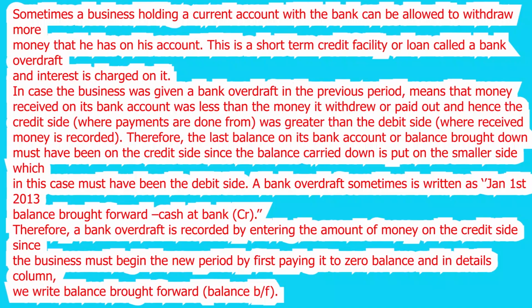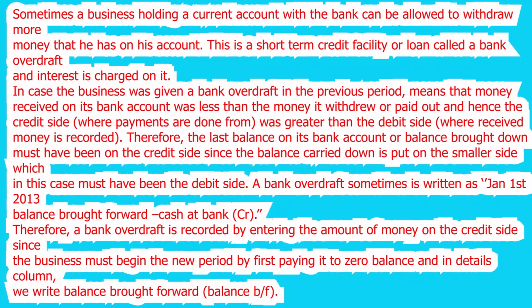In case the business was given a bank overdraft in the previous period, it means that money received on its bank account was less than the money it withdrew or paid out, and hence the credit side, meaning where payments are done from, was greater than the debit side where received money is recorded.